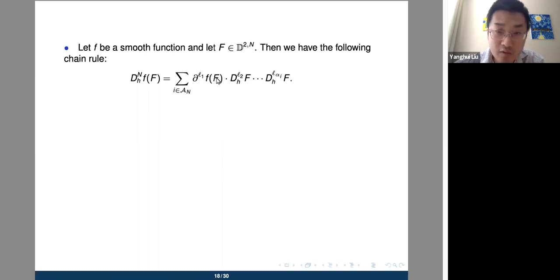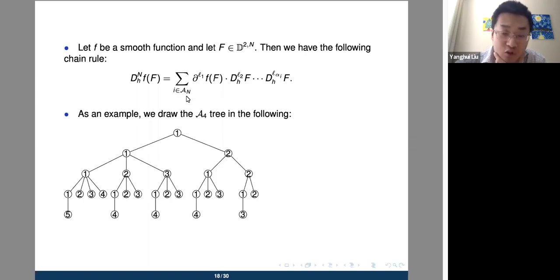And this L1, L2 up to L_alpha(I) depends on I. Let me just mention one example of this directed tree. When capital N is equal to 4, this is what this tree looks like.